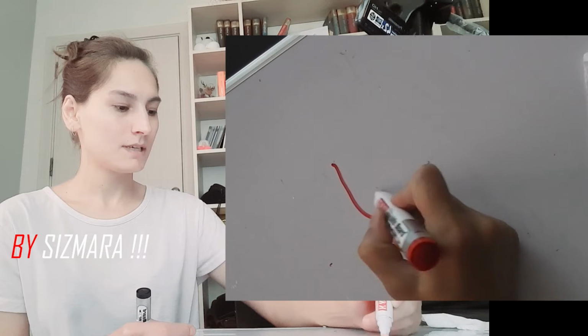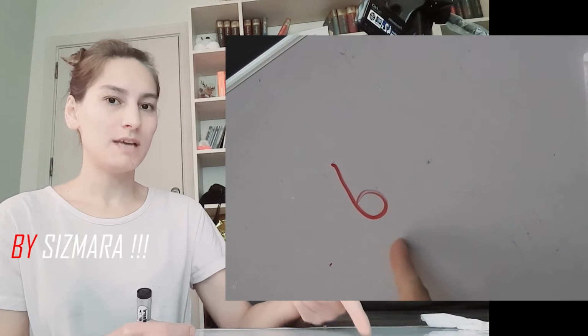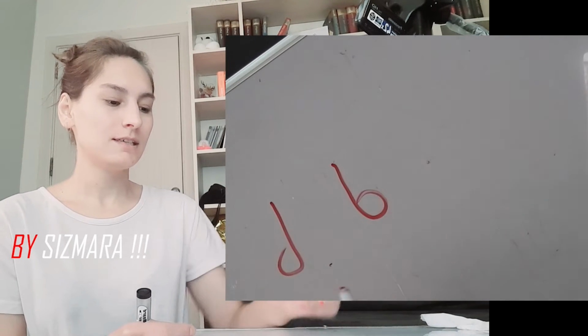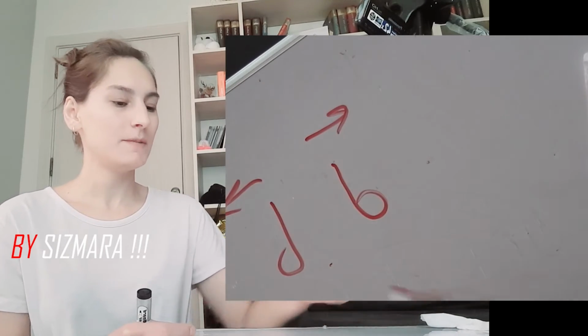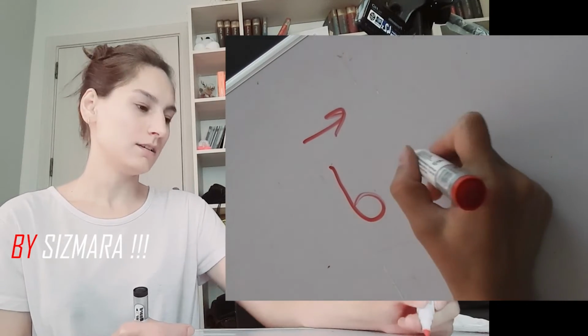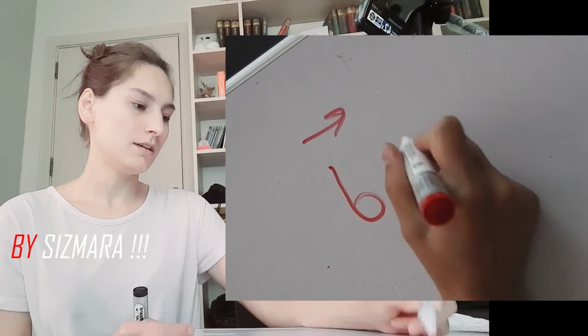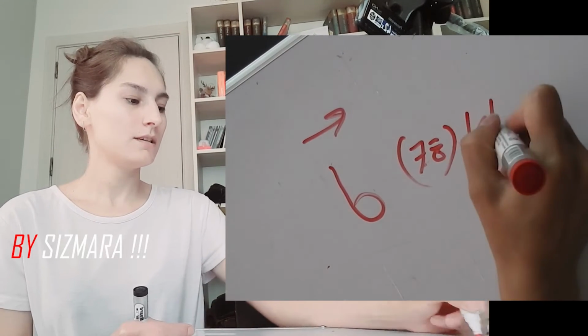Next is h. Don't mess this up with z. Z is this side and h is the right side, okay? It's like kh.